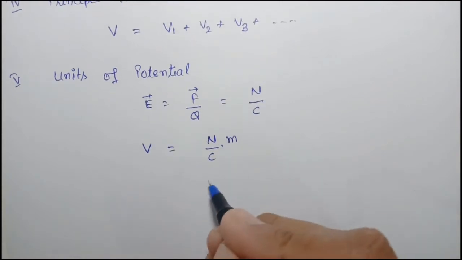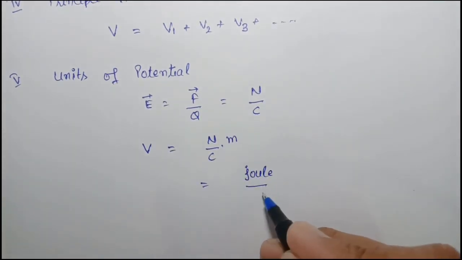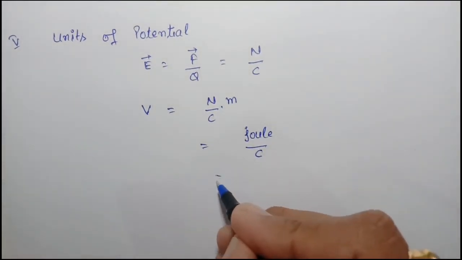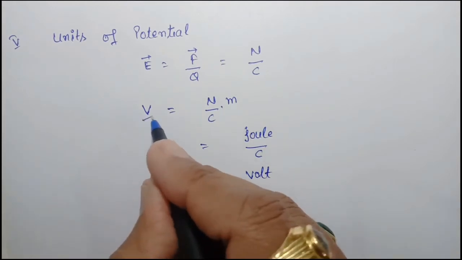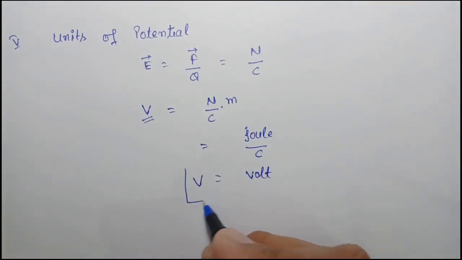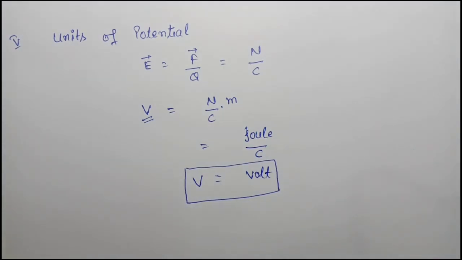So Newton meter is equal to joule per coulomb, or this is equal to volt. So for the electrostatic potential, the unit in SI unit is volt.